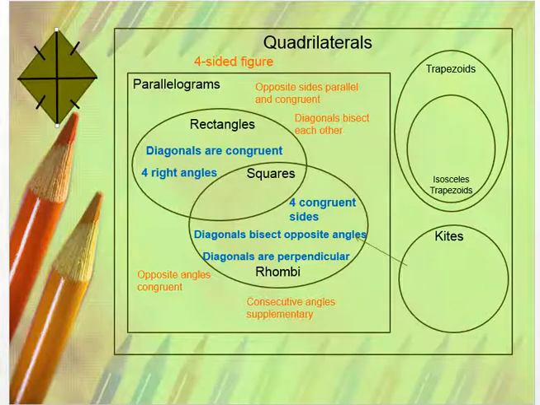Now, what we have going on is for squares. A square is a rectangle and a rhombus put together. So a square follows all 5 of these blue properties and all of these orange properties.